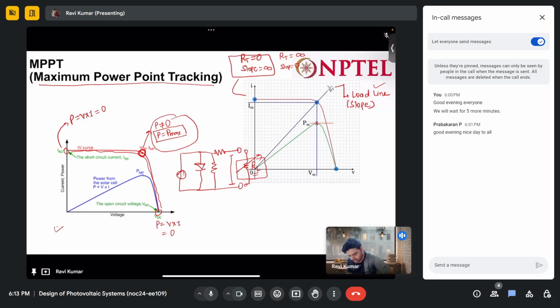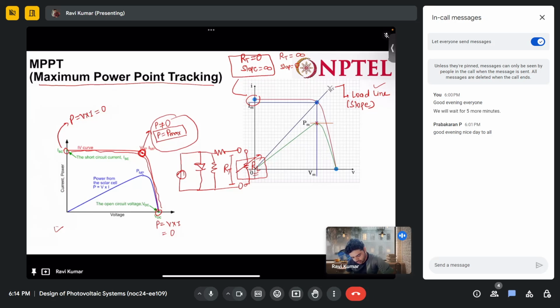So if this RT is 0, this will be the maximum current condition. When resistance across the terminal is 0, the slope will be infinite, and at this condition power will be 0 but current will be maximum.